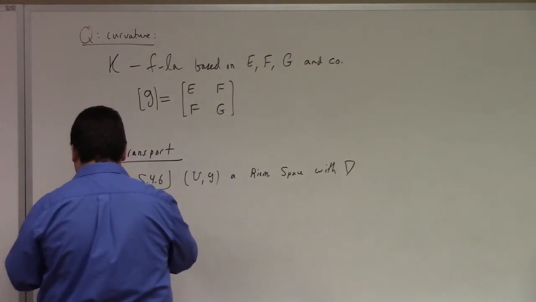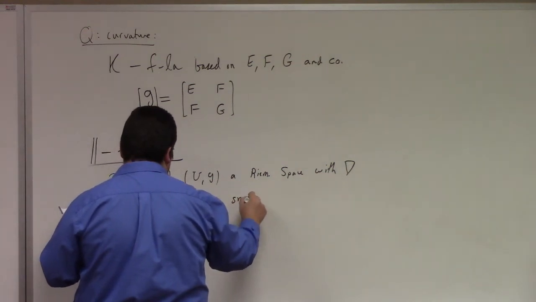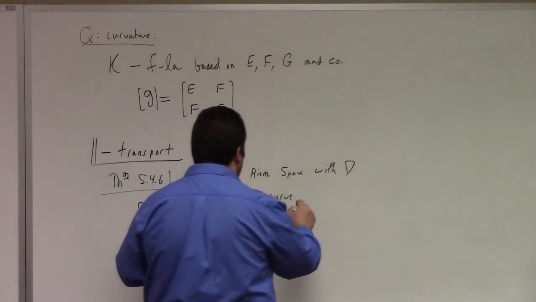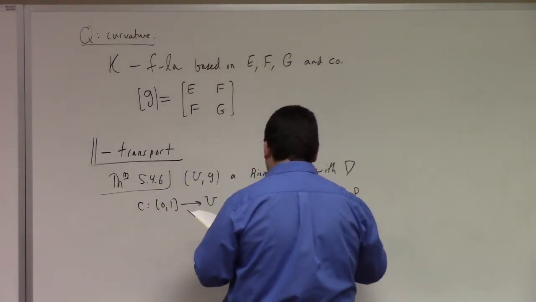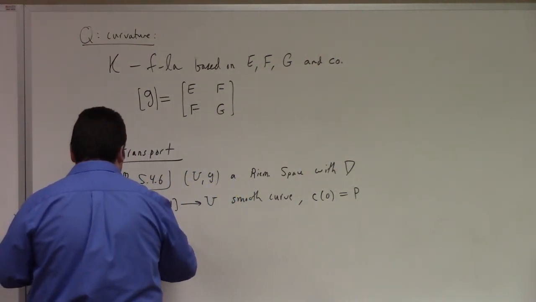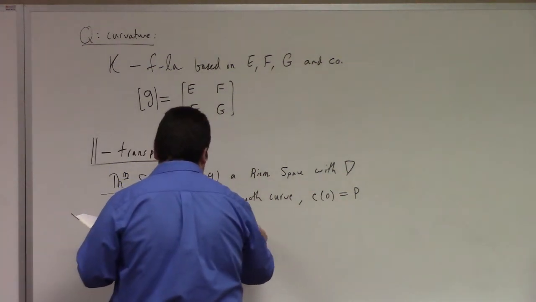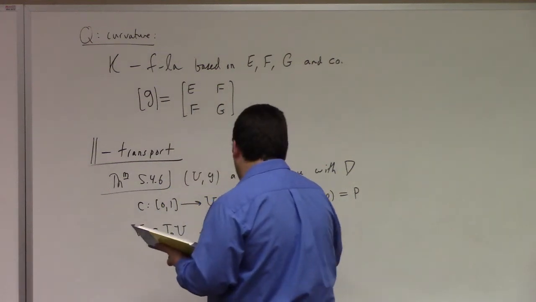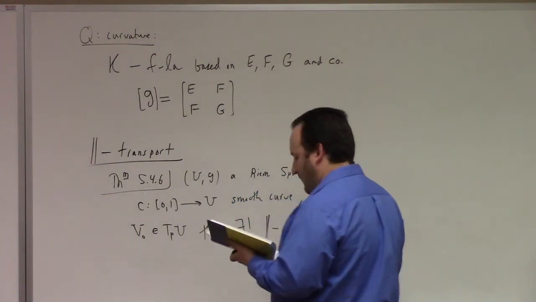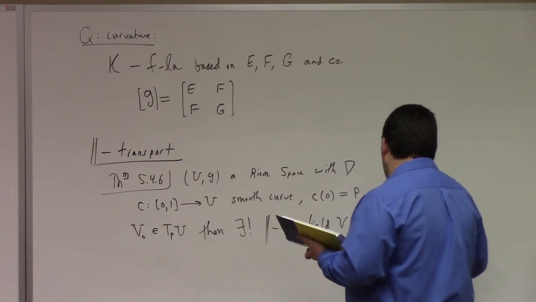Then if we have C from [0, 1] to U, a smooth curve, with C of 0 equal to P, and if we have V naught, an element of the tangent space at P to U, then there exists a unique parallel vector field V such that V of 0 is equal to V naught.